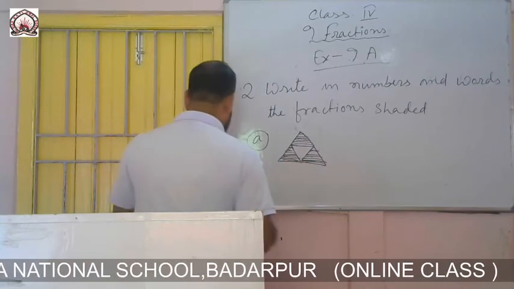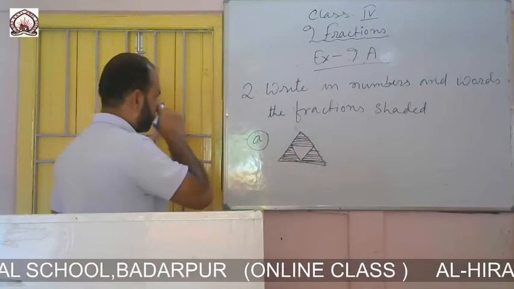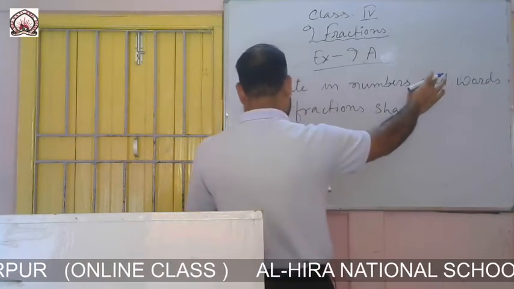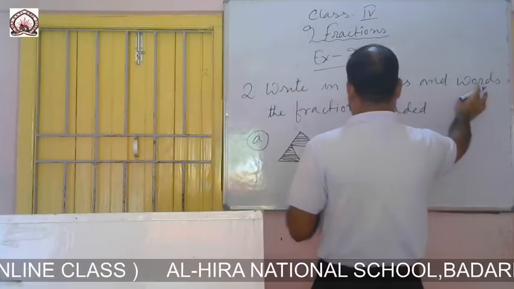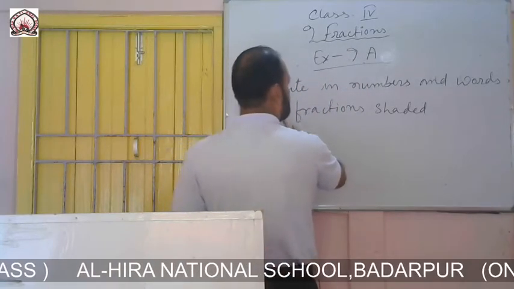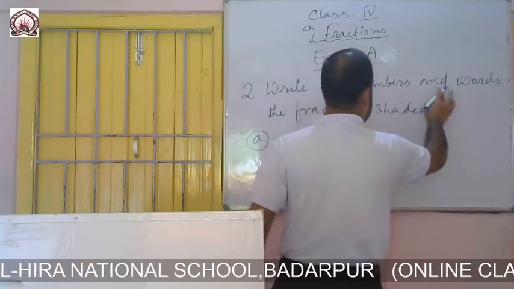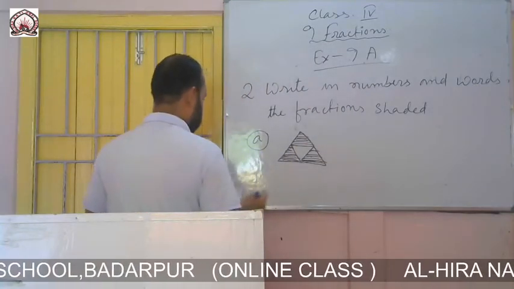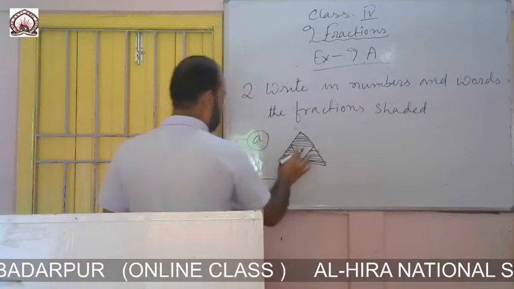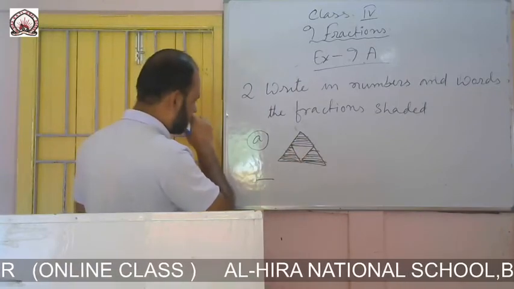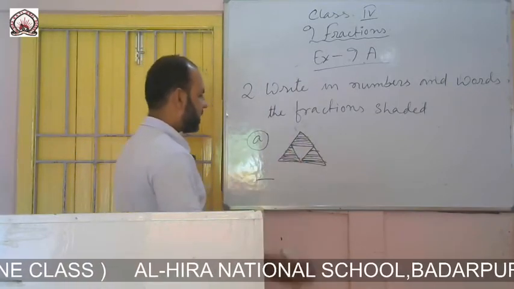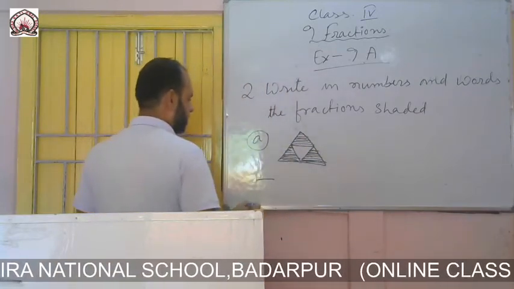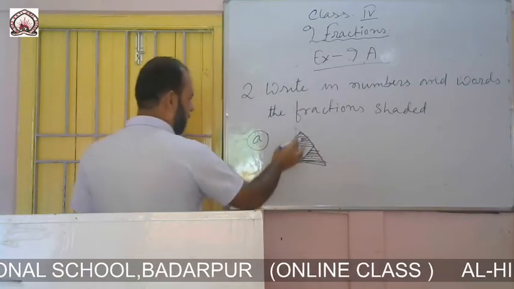So you have to write the fraction in words. First you write the fraction. Here out of 4 parts, 3 parts are shaded.